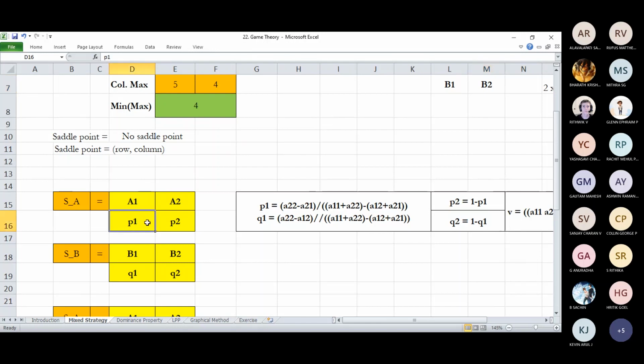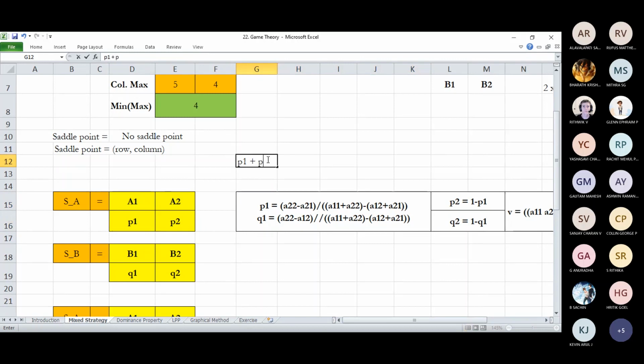Then we'll have P1 and P2. P1 is the probability of A1 happening, and P2 is the probability of A2 happening, but P2 is 1 minus P1, right? Say this is P1, then P2 is 1 minus P1. The reason is that the sum of probability equals 1.